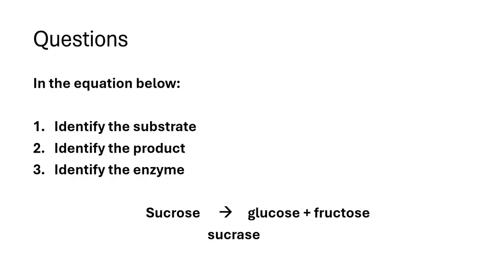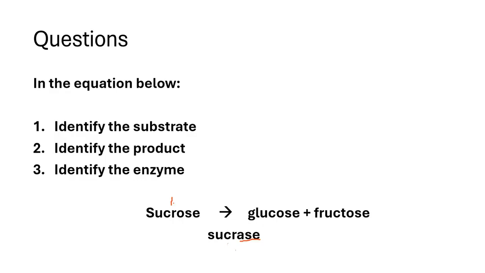So our substrate is sucrose. So this is number 1. So number 1 is our substrate. The substrate is going to come in and bind to our enzyme. Our enzyme is sucrase. It has that ASE ending on it. Oops, that should be a 3. All right.